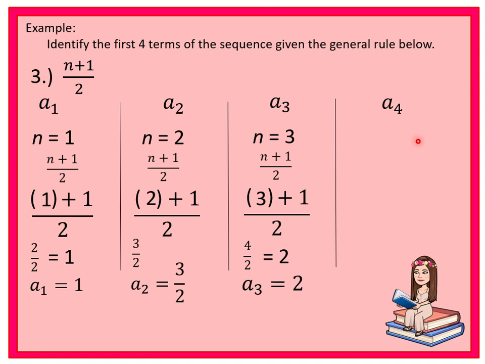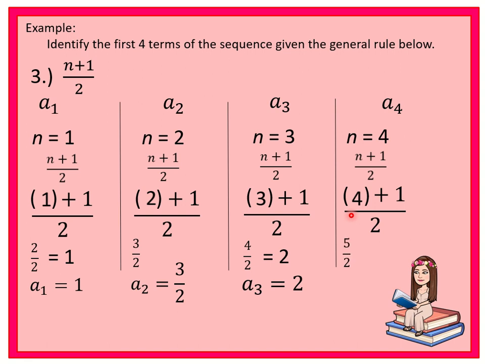Next, fourth term. So, fourth term, ang n natin ay 4. Copy the general rule, n plus 1 over 2. Now, substitute, imbis na n, magiging 4. So, imbis na n, papalitan natin ng 4. And then plus 1 over 2. 4 plus 1 is 5 over 2.